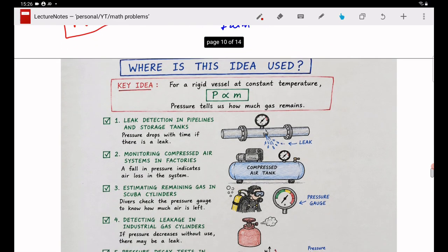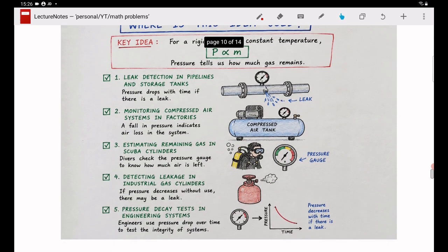Industries detect leaks in pipelines and storage tanks by monitoring pressure decay with time. Compressed air systems in factories are routinely checked for leaks by observing pressure changes. Scuba divers estimate the amount of breathing gas remaining inside the cylinder simply by checking the pressure gauge.